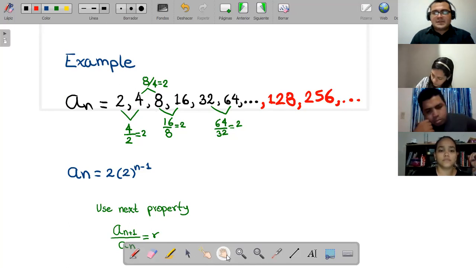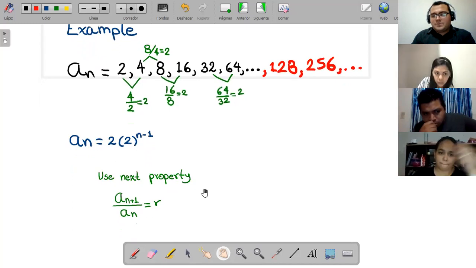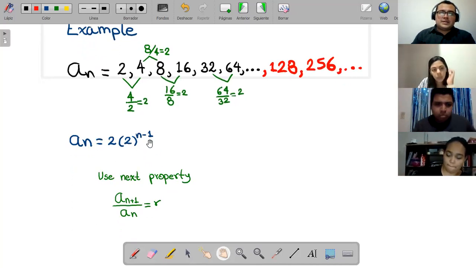So don't worry about it, and we will try some exercises that describe these formulas as well, okay?